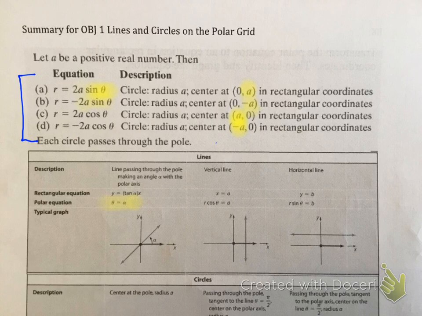Theta could be pi over 4, as we saw in an example, pi over 3, etc. A vertical line is r cosine theta equals some value, and a horizontal line is r sine theta equals some value. Remember, horizontal goes with y, so r sine theta is y. Vertical goes with x, r cosine theta is x.